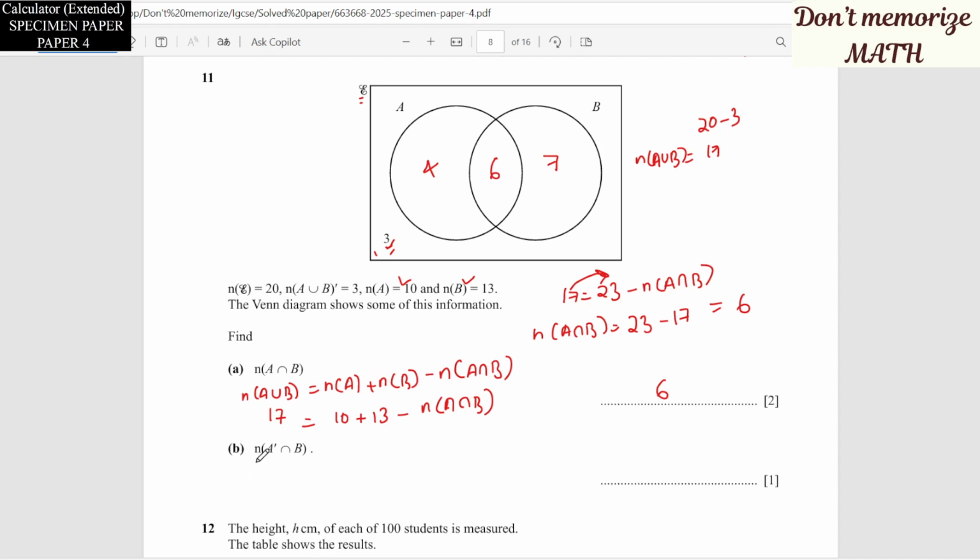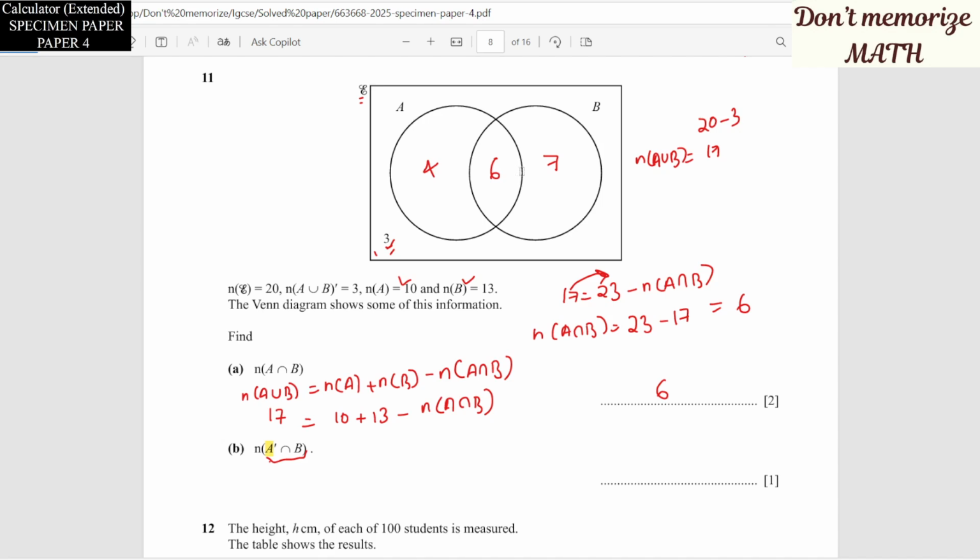See the next question. N of A complement intersection B. Which part is A complement intersection B? A complement means outside A, but it must be intersection B. It must be B. A complement means what?